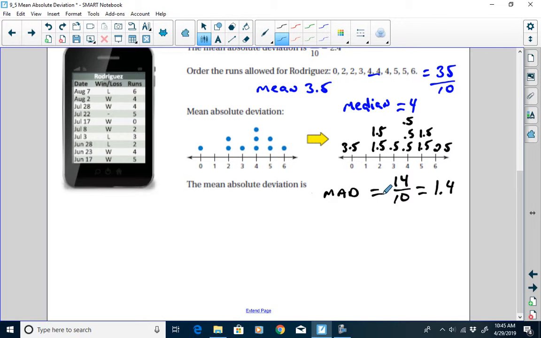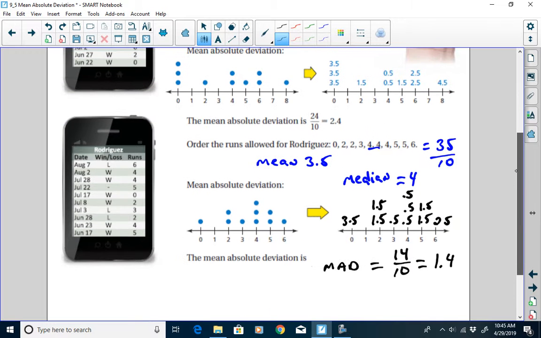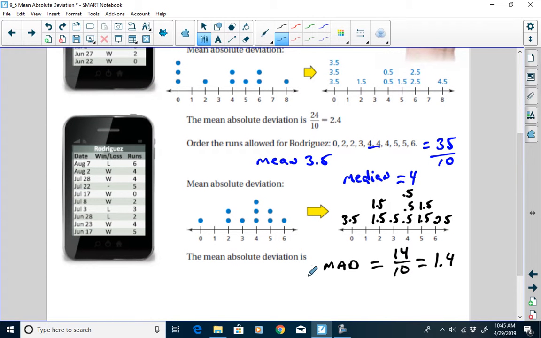Now what does that tell us? Well, because we have much less variability here, our data varies much less with Rodriguez than it does for Mendoza. Mendoza has a mean absolute deviation of 2.4, which means that on average each one of his baseball outings varies 2.4 from the mean, which means he's less consistent.